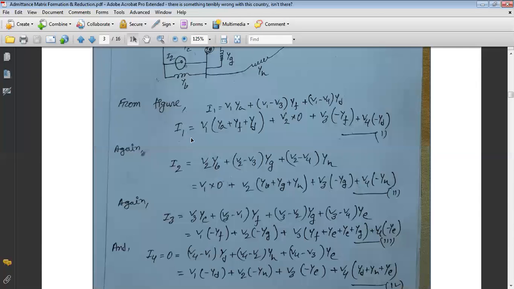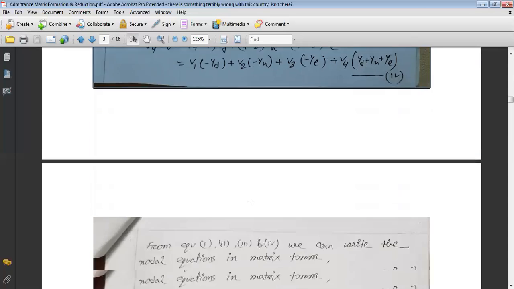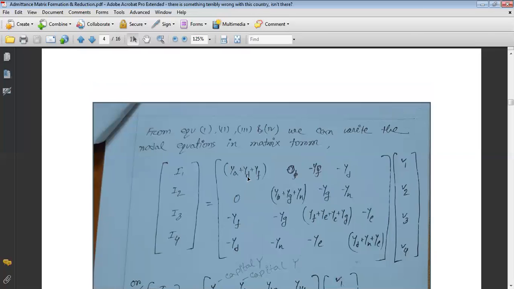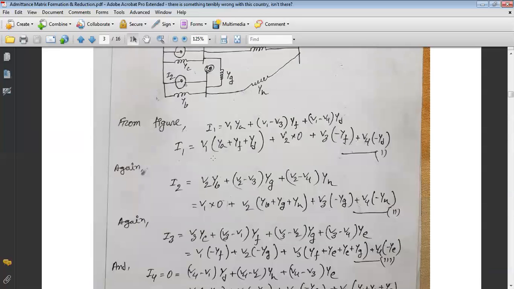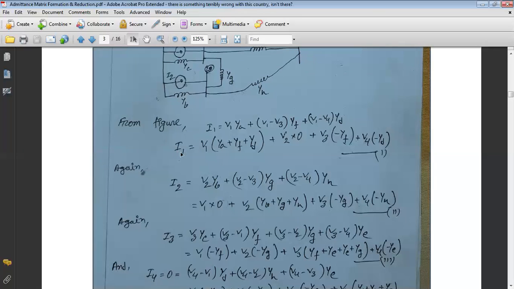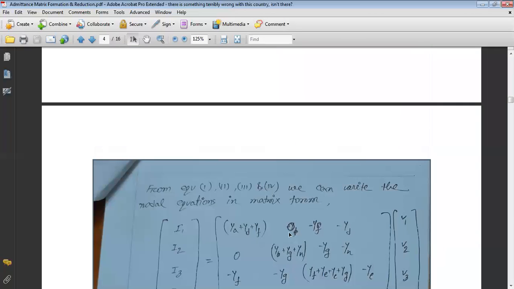In equation number 1, the coefficient of V1 is YA plus YF plus YD. Now the second element of the first row should be the coefficient of V2 in the equation of I1. The coefficient of V2 is 0, so here there should be a 0.